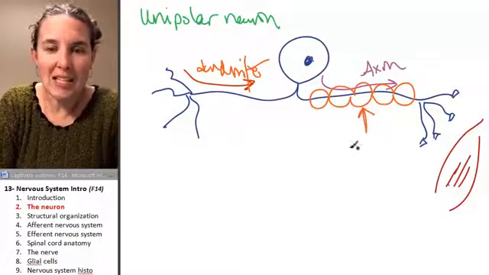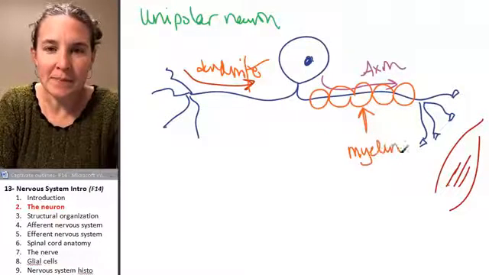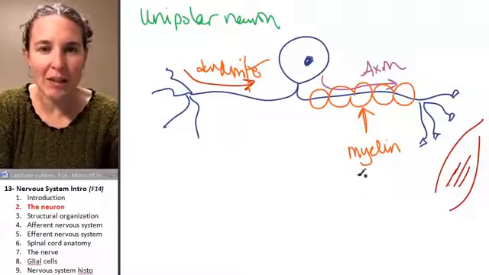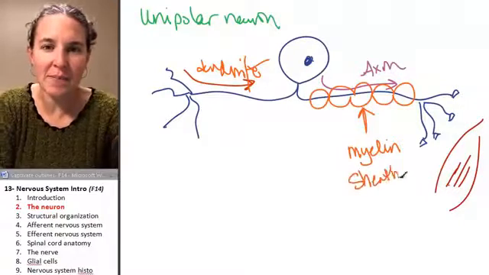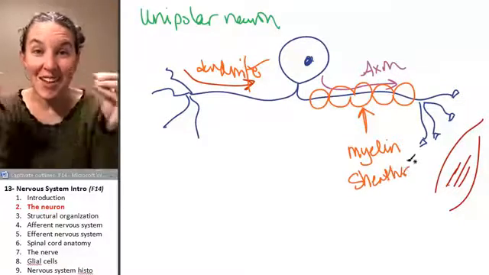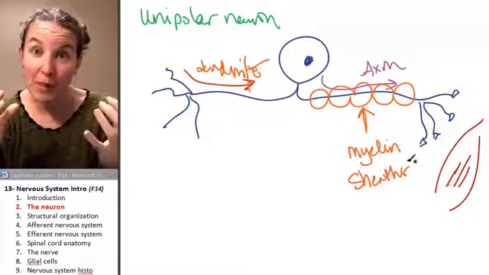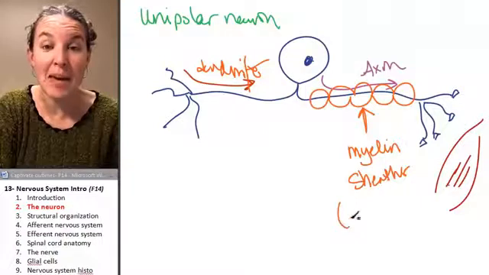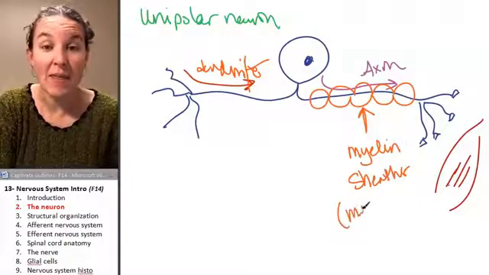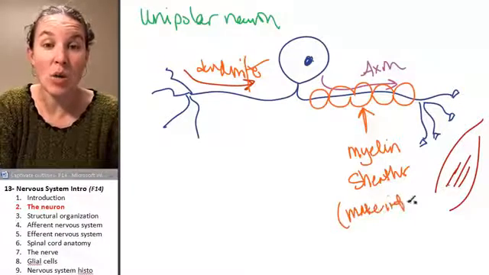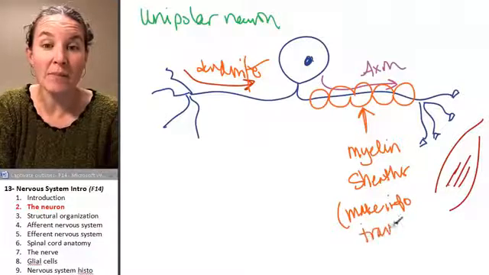And this is myelin. And so they make up these myelin sheaths. So the axon can be covered with little fat blobs. And these myelin sheaths make the information go faster. They make info travel faster.